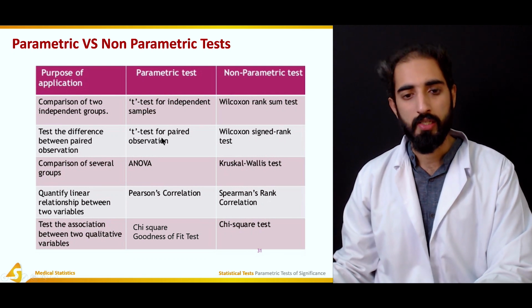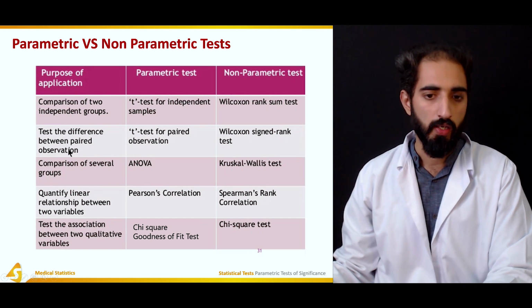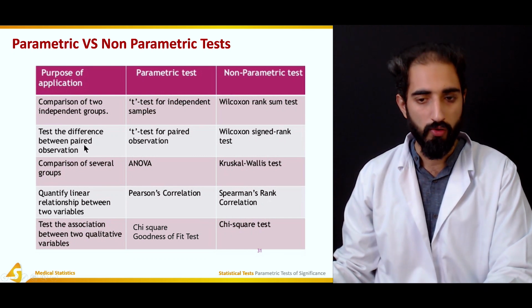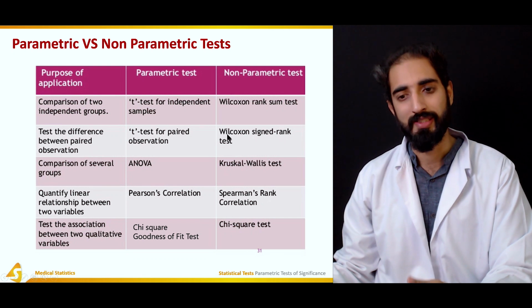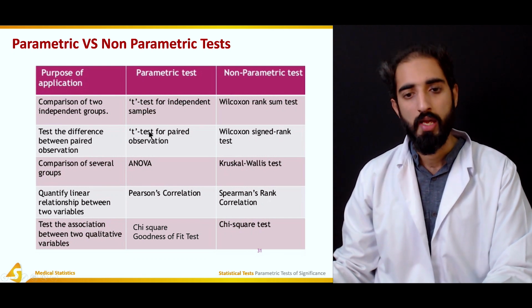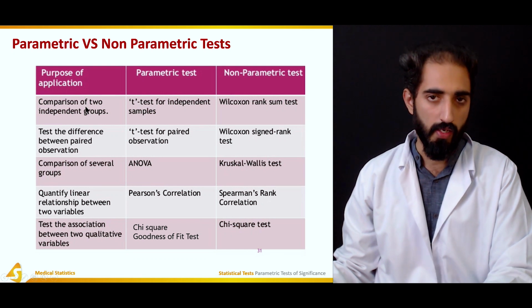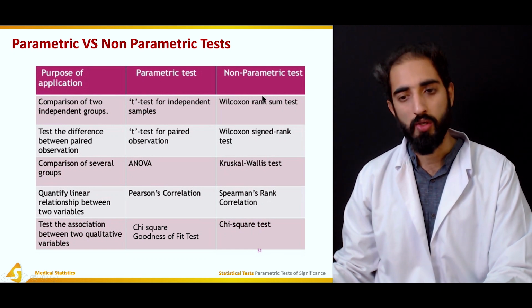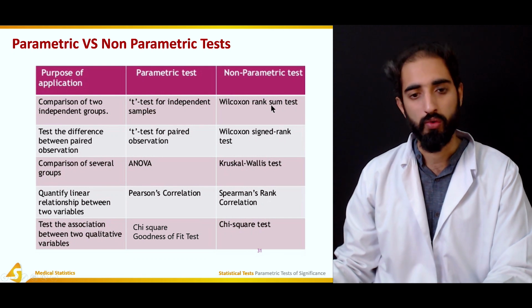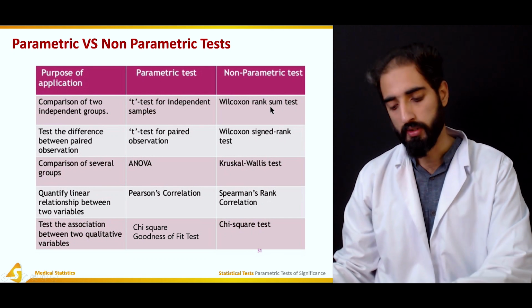Paired t-test is used to test the difference between paired observations or related groups, whereas Wilcoxon is the non-parametric test for this purpose. Independent t-test is used to compare two independent groups, and the Wilcoxon rank sum test or Mann-Whitney U-test is used for the same purpose.